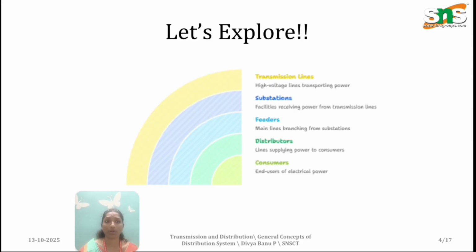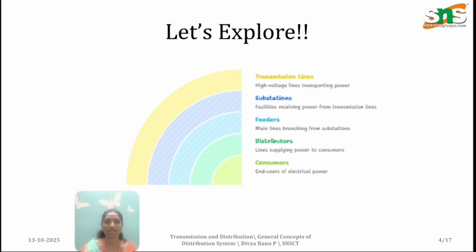In today's class, we are going to discuss the introduction, types of distribution systems and distribution system components. Before going into the topic, the transmission line is a high voltage line transporting power to the substation. The substation facilitates receiving power from the transmission lines. From the substation, power is given to the feeder, the main line that branches from the substation.